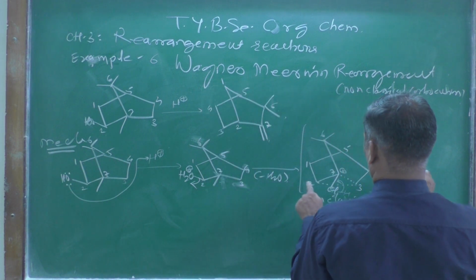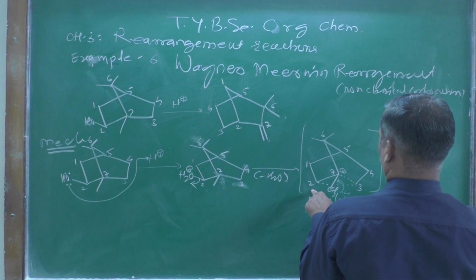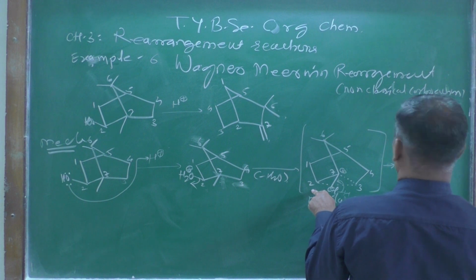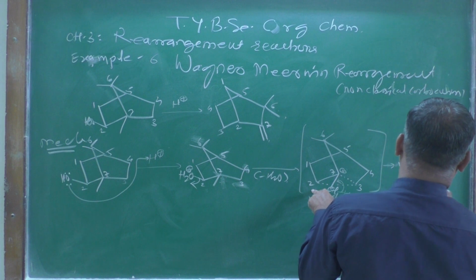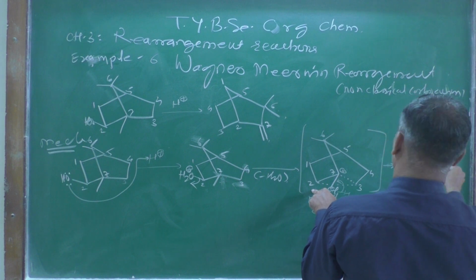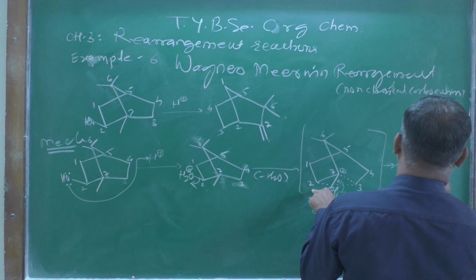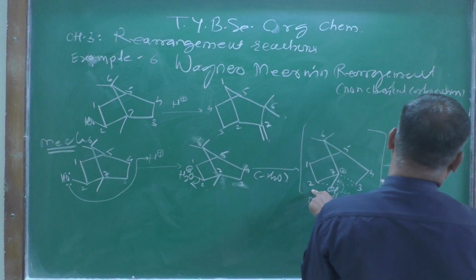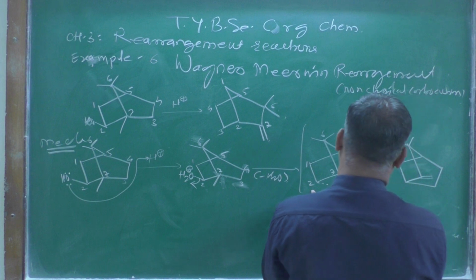So here this one is as it is, then this one is as it is. This bond is going to form over there this way, and there is a double bond because it's lost over there, and this type of compound we are going to get.